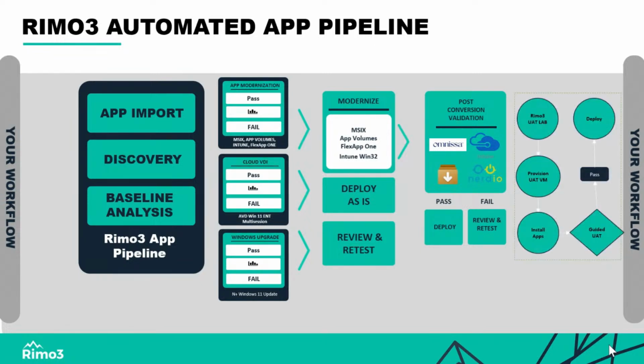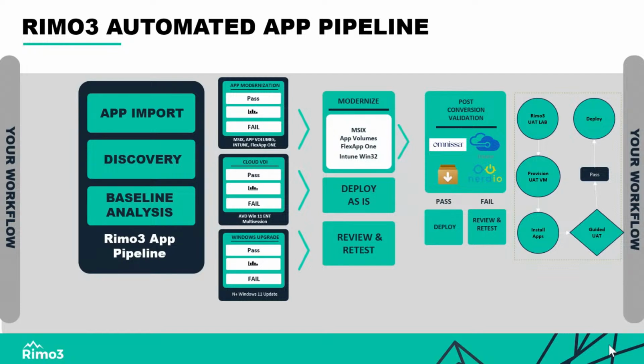Now, the last thing that I will cover in terms of the automation pipeline is that everything we've talked about up to this point, as I mentioned, is unattended automation, meaning no human interaction. We configure the platform one time, and then we execute the unattended automation. Now, what Remo 3 also offers in the category of validation is facilitated user acceptance testing workflows.